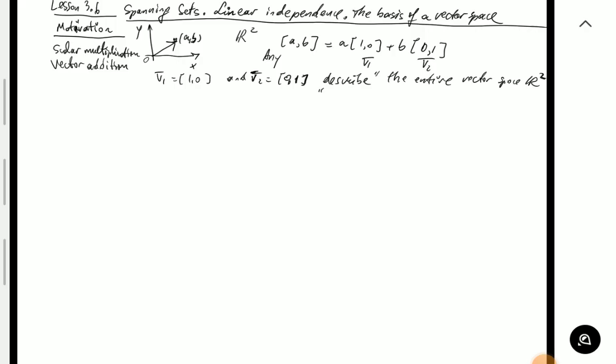Another thing I want to mention right from the onset, because we use the term linear combination, is to define it more formally.